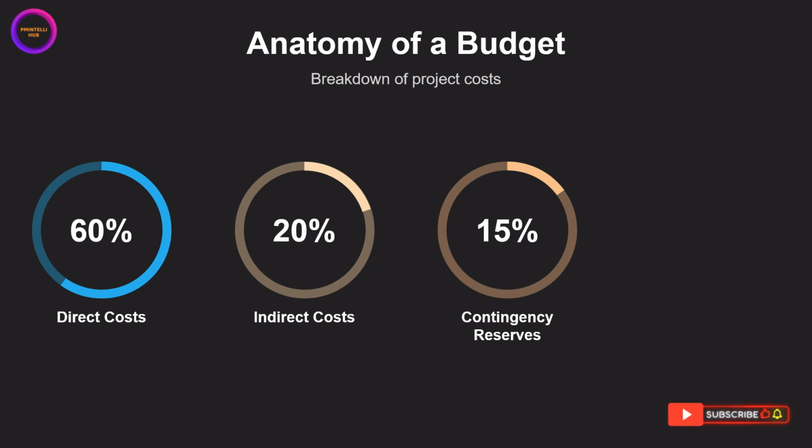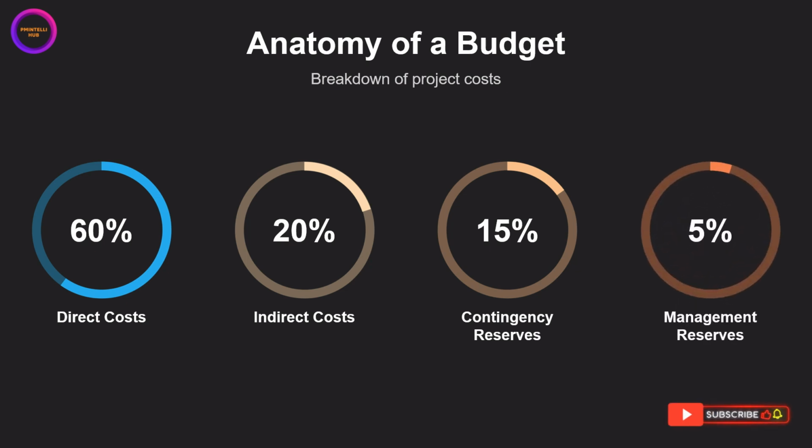It's the budget set aside to handle identified risks, the things we call known unknowns. Finally, many budgets include management reserves, shown here as 5%. This is an optional reserve for unforeseen work or risks that were not identified, the unknown unknowns. This part of the budget is typically controlled by management and is not part of the cost baseline.